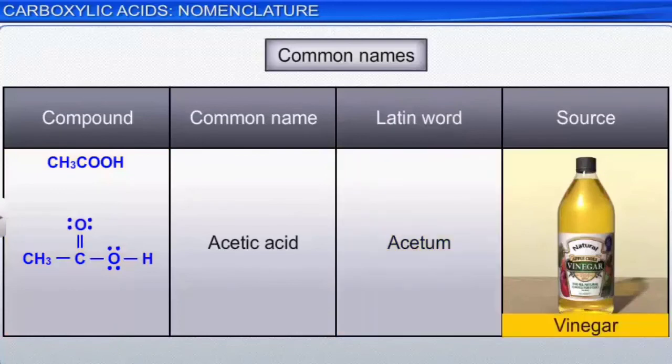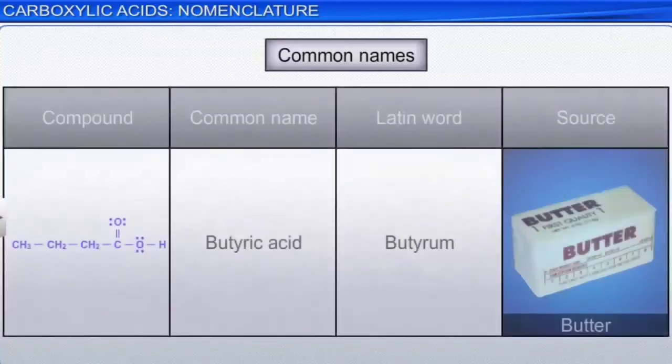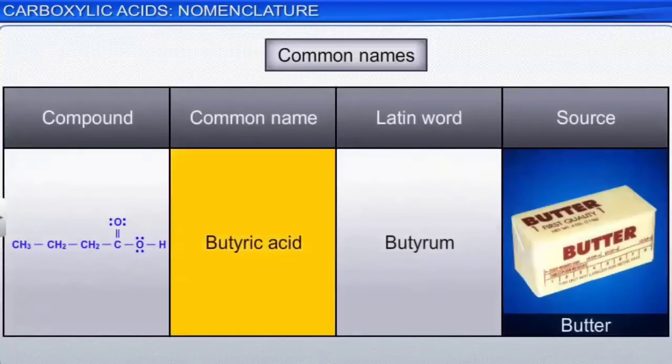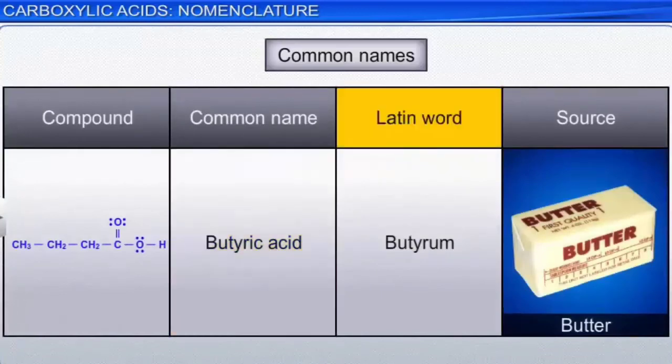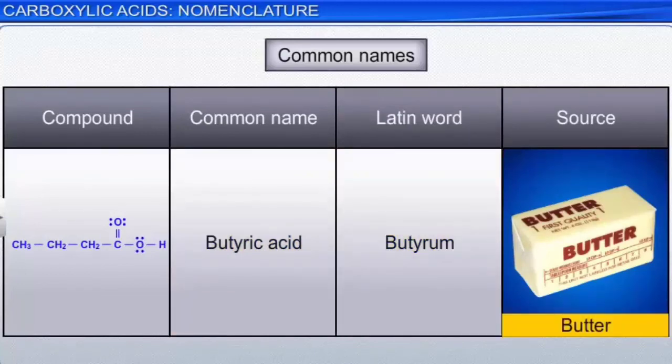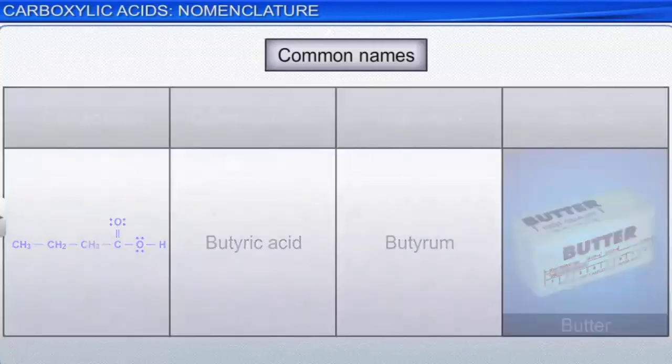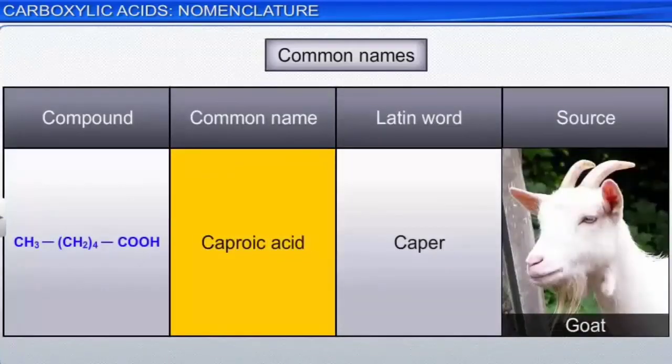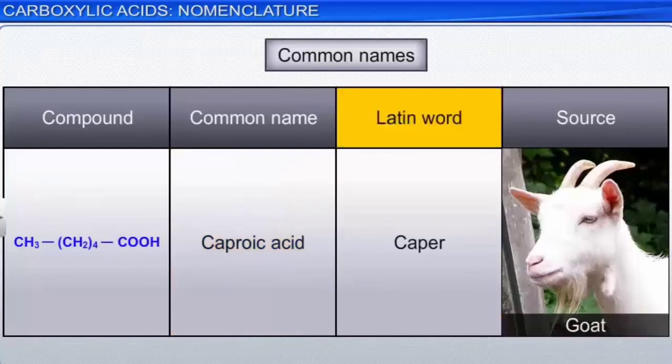Similarly, butyric acid is derived from the Latin word butyrum, which means butter. The name caproic acid, which is obtained from goat fat, is derived from the Latin word caper, which means goat.